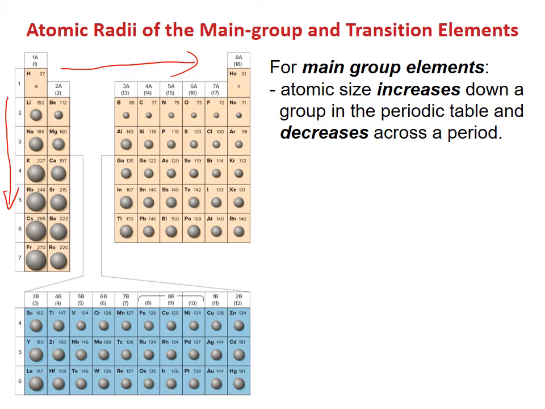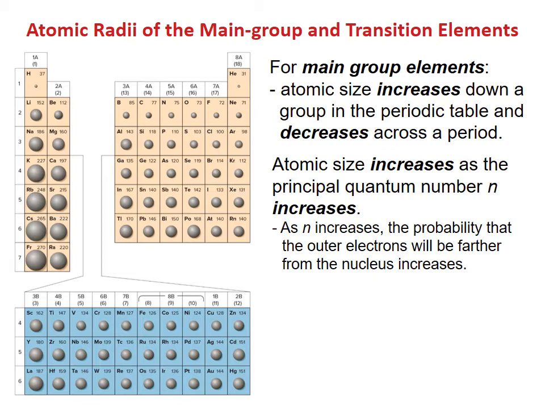And here are the reasons. As we move down a main group, the principal quantum number increases. Each member has one more level of inner electrons. For example, lithium's electron configuration is 1s2, 2s1. So the inner electrons are these 2 electrons in the 1s orbital. Sodium, on the other hand, is 1s2, 2s2, 2p6, 3s1.